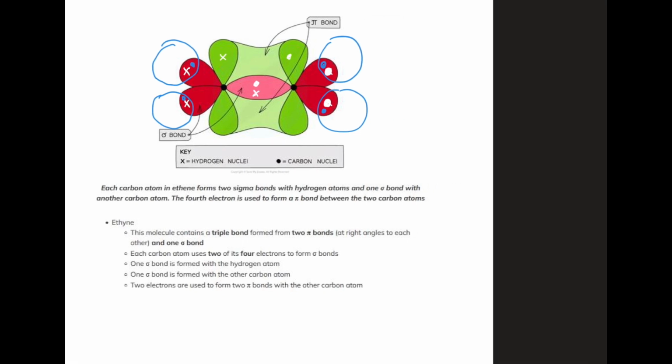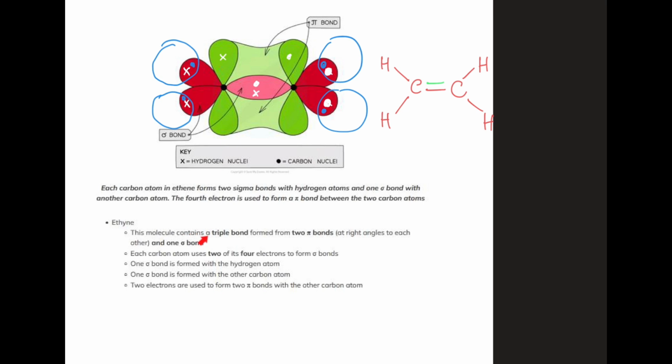If I simplify it, carbon, sigma bond with hydrogen, sigma bond with hydrogen, sigma bond with hydrogen, sigma bond with hydrogen, and then one more, let's say in green color, pi bond. Okay, the red one is sigma bond, and the green one is pi bond. So that is ethene.